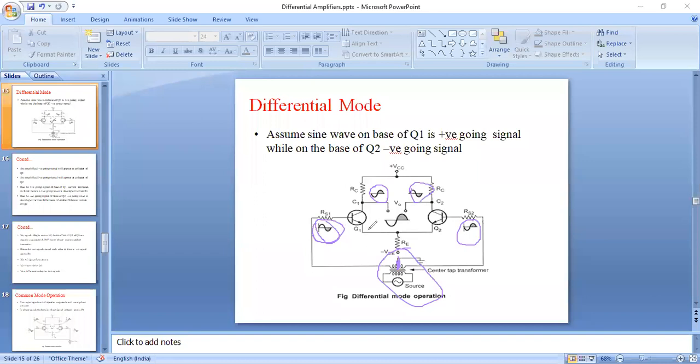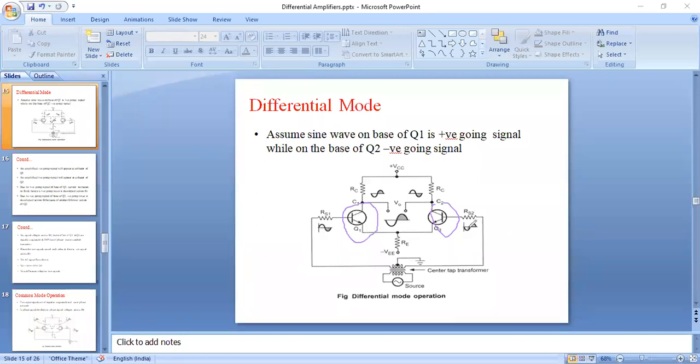Coming to the emitter part, the action that takes place at the emitters of Q1 and Q2 is emitter follower action. If a positive going signal is applied to the base of the transistor, a positive current flows through the emitter of Q1.